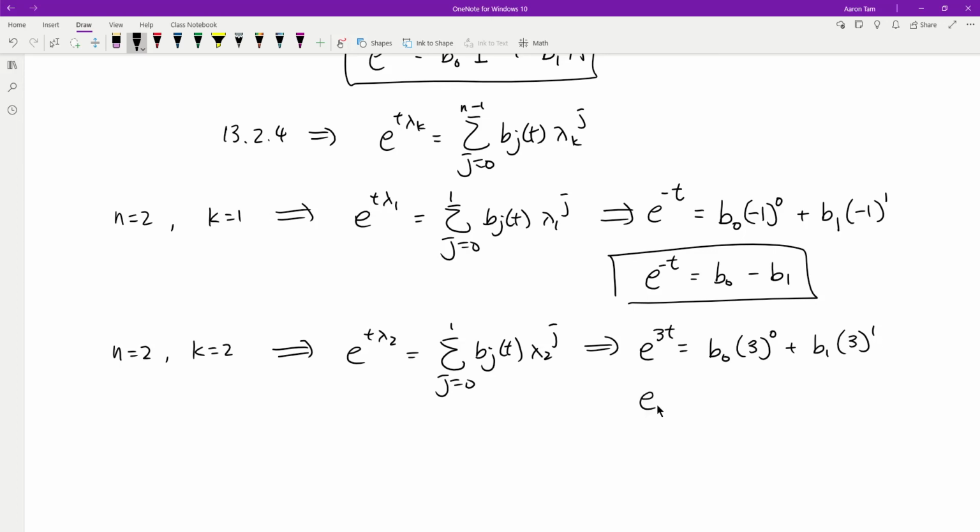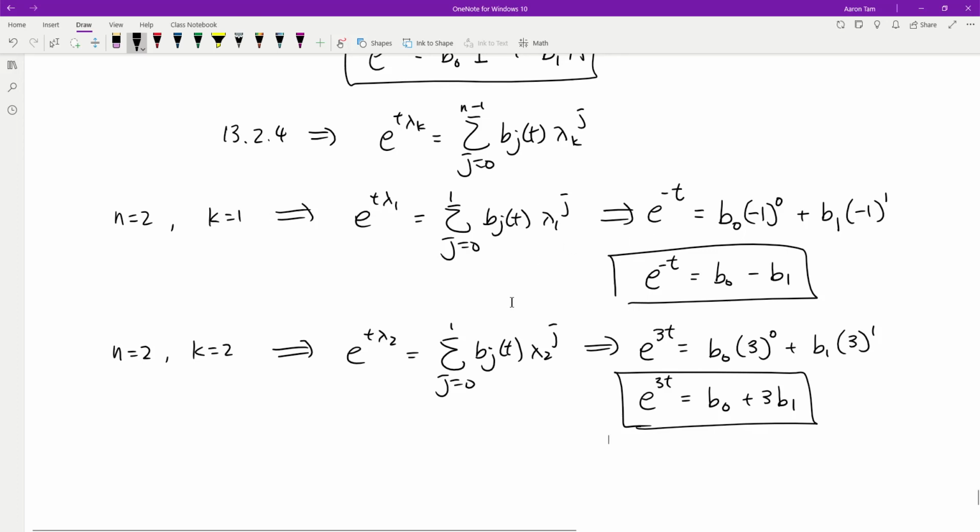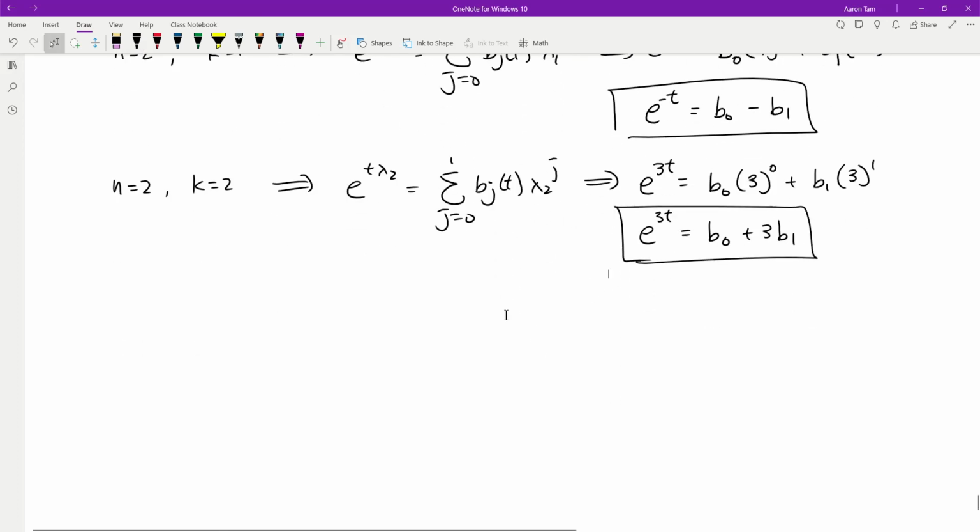Therefore, we result in this equation: e to the 3t equals b sub 0 plus 3 b sub 1. These two form a system of equations. Now I can go ahead and use that to figure out what b sub 0 and b sub 1 would be. So my first equation is this.